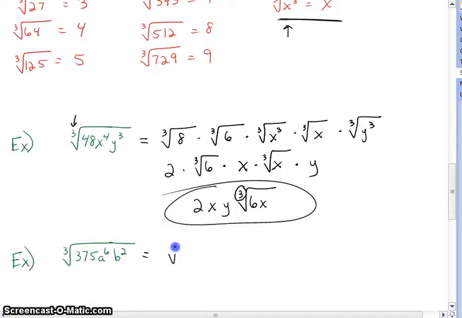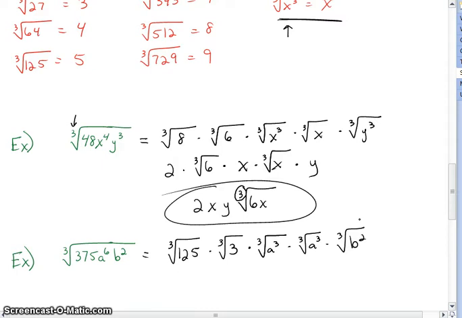So I'm going to make this the cube root of 125 times the cube root of 3, because 125 times 3 is 375, times the cube root of a cubed times the cube root of a cubed times the cube root of b squared. I'm not going to be able to do the cube root of b squared because 2 b's isn't enough. I have to have 3. So that's going to stay the same.